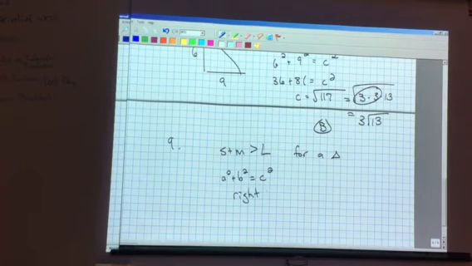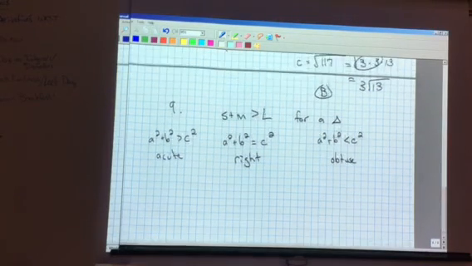This Pythagorean theorem would work then. But if you had a squared plus b squared and your c squared is smaller, your hypotenuse shrinks, if you will, then it's going to be an acute triangle. And if your hypotenuse was bigger, it would make it an obtuse triangle. So those are the factors to think about.